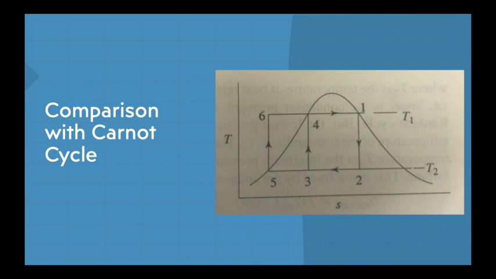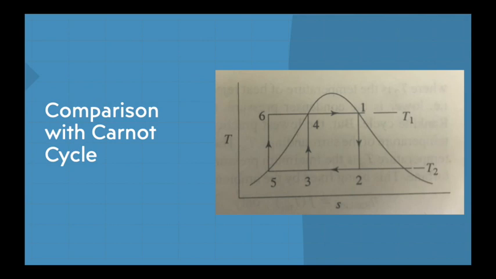In a Carnot cycle there are two temperatures which are most important, that is T1 and T2. The T1 represents the mean temperature of heat addition and T2 represents the mean temperature of heat rejection. Now, the efficiency of a Carnot cycle is given by 1 minus T2 by T1. If we either decrease the T2 or increase the T1, the cycle efficiency can be increased.